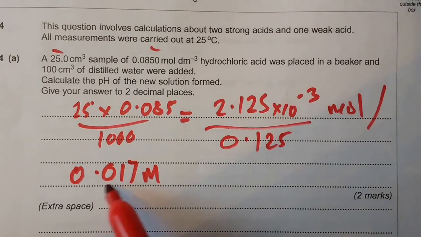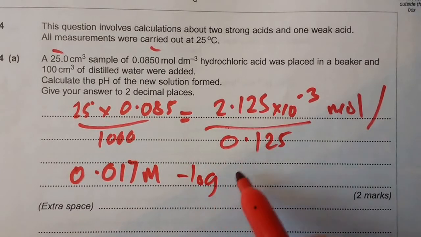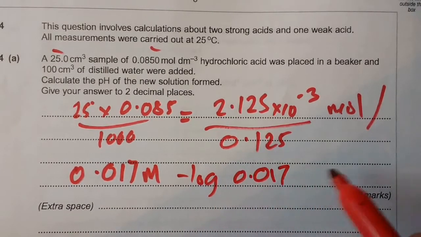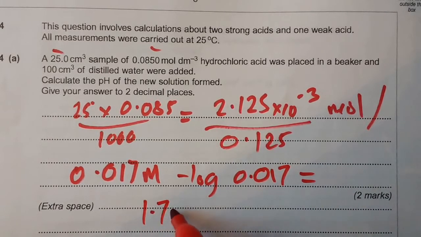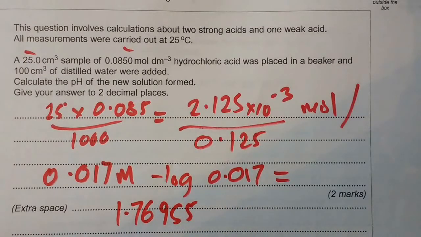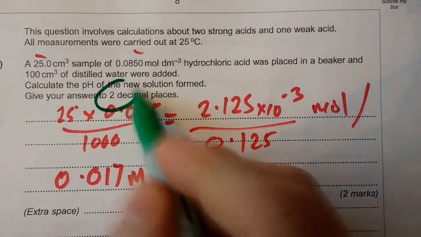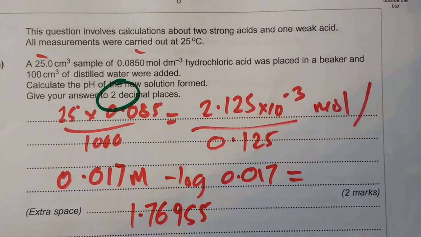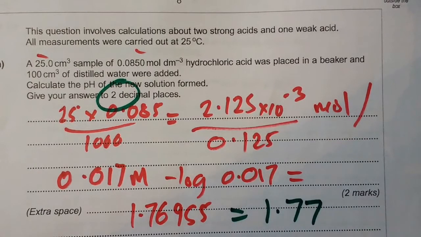So we minus the log of the 0.017, and that will give us an answer of 1.76955. However, you need to be aware that they wanted 2 decimal places, so we're going to go for 1.77.